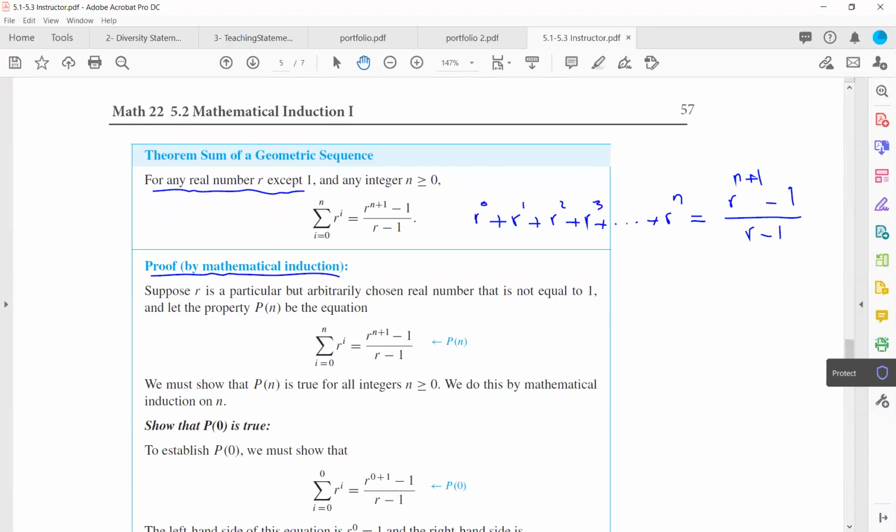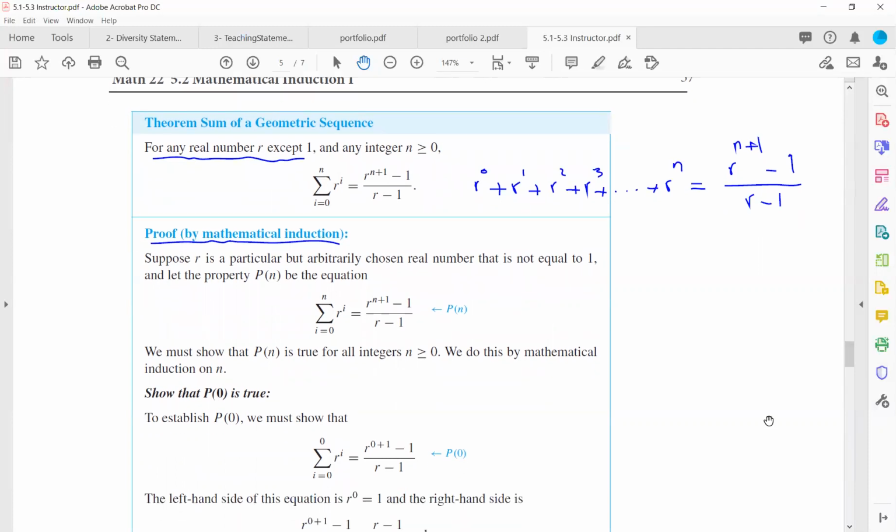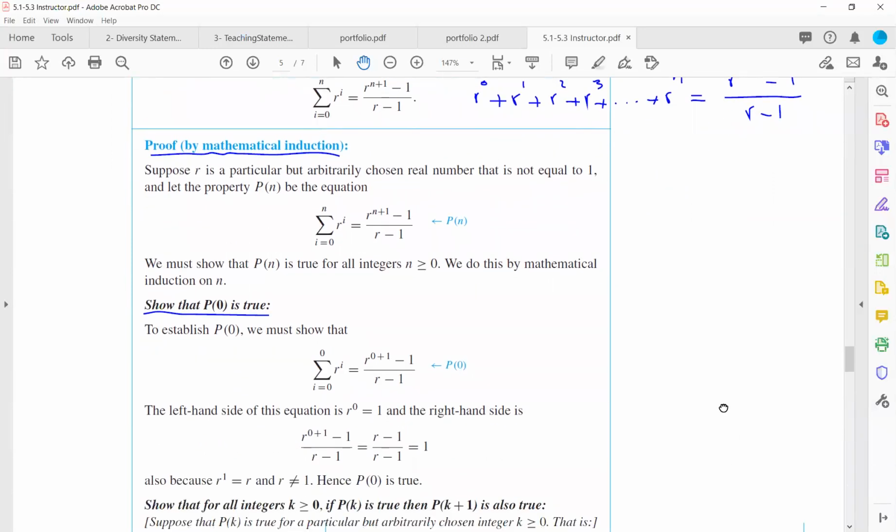First of all, the very first value in our domain is equal to 0. So we have to check to see if P of 0 is true. Wherever you see n, you write 0. Your n is equal to 0.